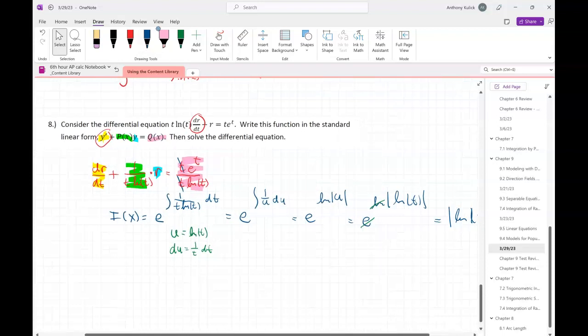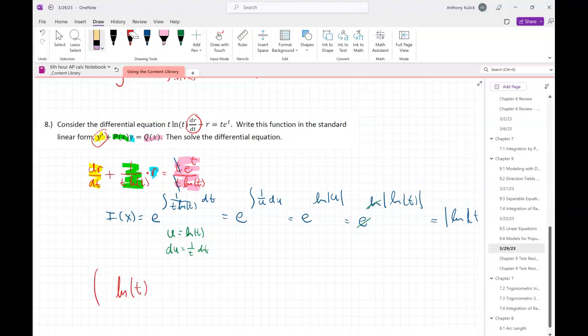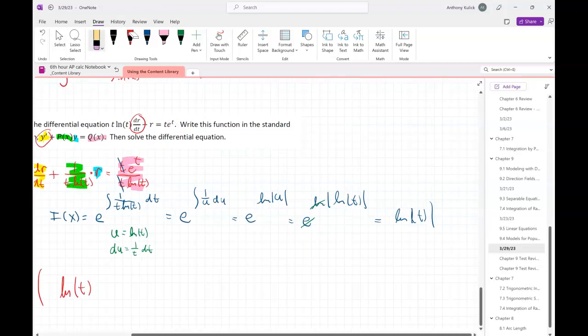Okay. Now that we have that, I multiply that to both sides. So my left-hand side should be my integrating factor, which again, I'm going to do that same trick that I did before, where I'm just going to drop the absolute value since we're doing it to both sides. If they're both positive, it's fine.